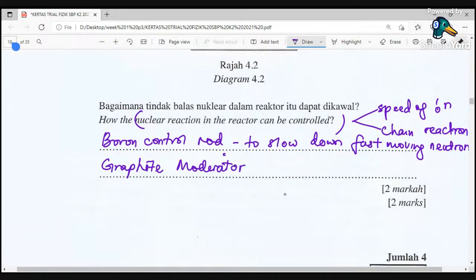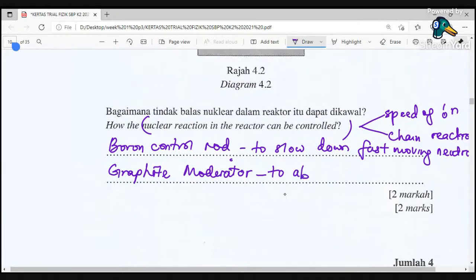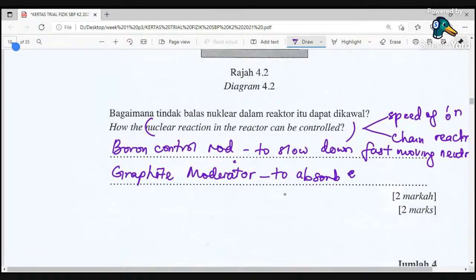Moderator untuk apa? Okay, to control chain reaction means to absorb excess neutron.